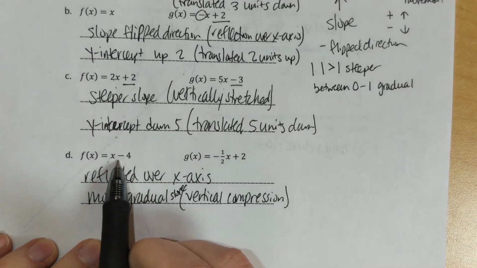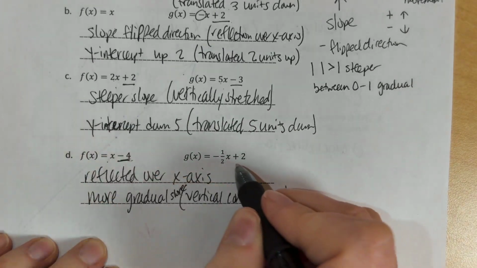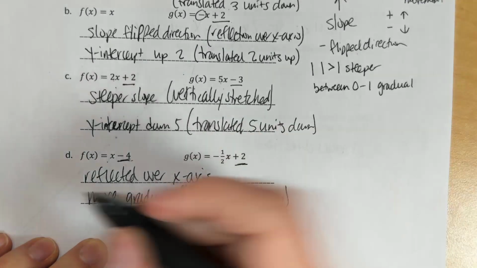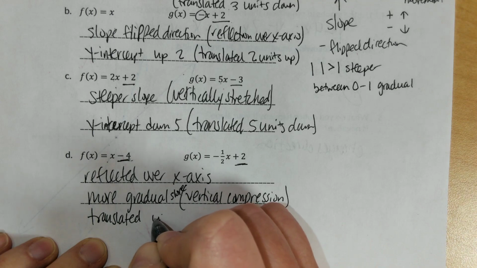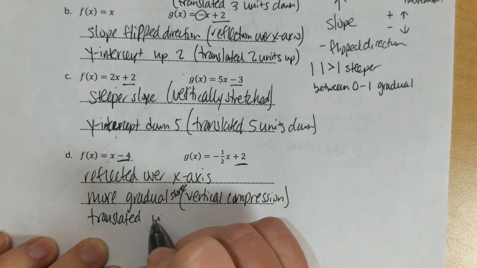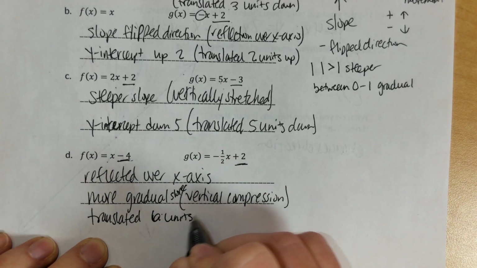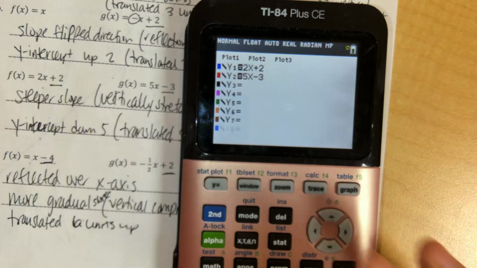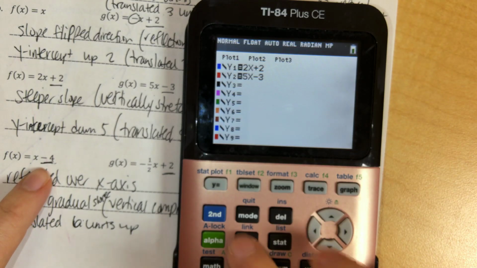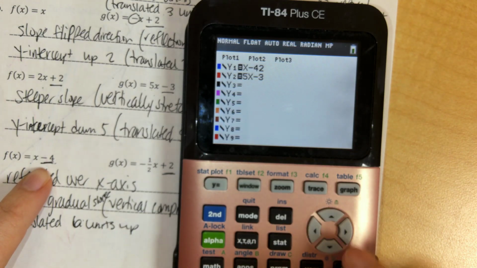Okay, and then finally we get from a negative 4 to a positive 2. So we've moved up. So we have translated how many units? 4, 5, 6 units up. And again, I can check myself and make sure that that all makes sense, especially if I get tripped up on some of these. Sometimes it's nice to see. So I can do x minus 4.